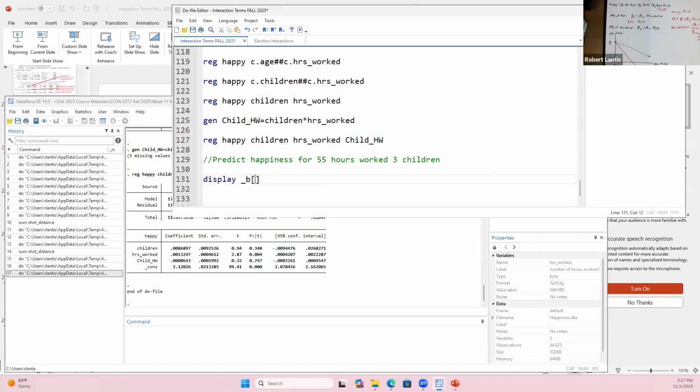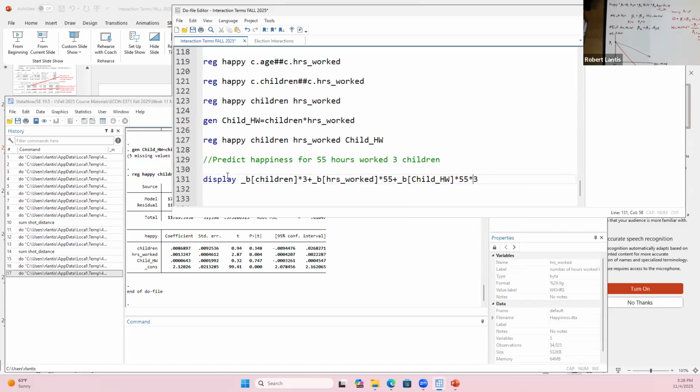And I would say, take that coefficient on children, multiply it by 3. Add to that the coefficient on hours worked. And I said, what was 55? And then add to that the coefficient on the interaction term, but multiply that by both 55 and by 3.